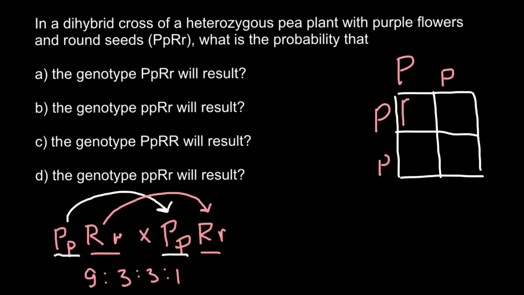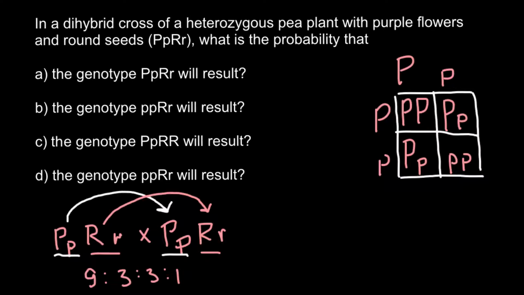So capital P capital P here, capital P and small p here, capital P and small p here, and small p small p here. So if we cross this locus with this locus, both of them are heterozygous.